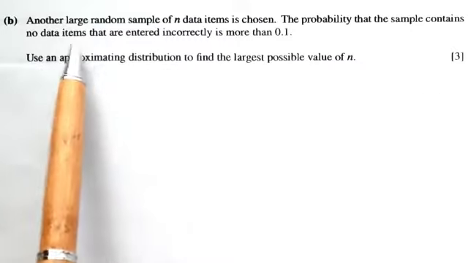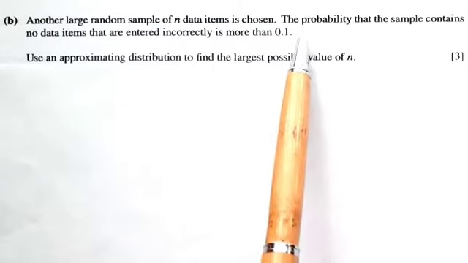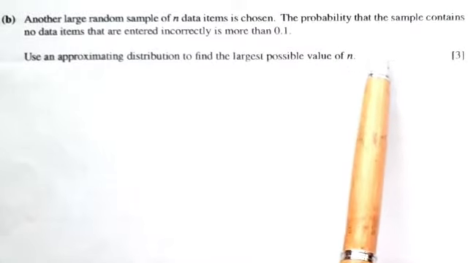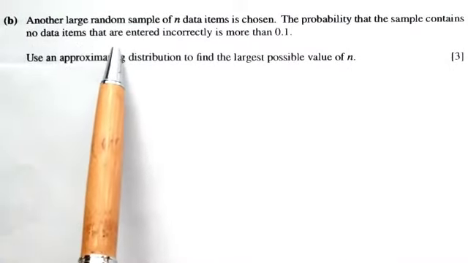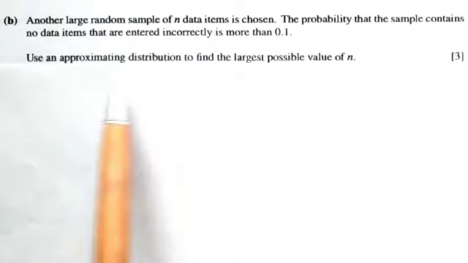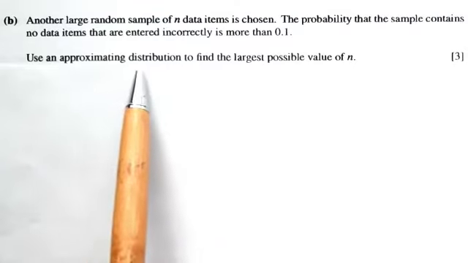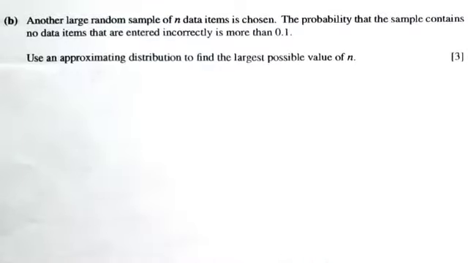B. Another large random sample of n data items is chosen. The probability that the sample contains no data items that are entered incorrectly is more than 0.1. Use an approximating distribution to find the largest possible value of n.